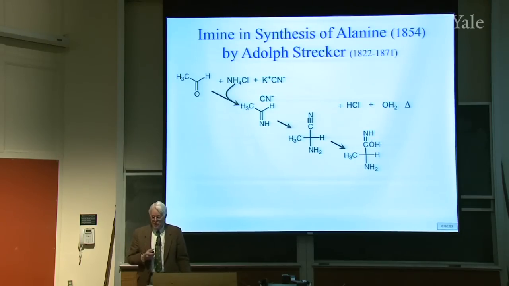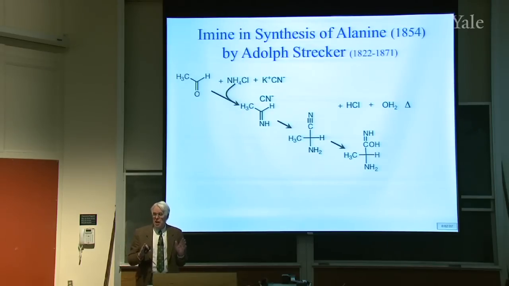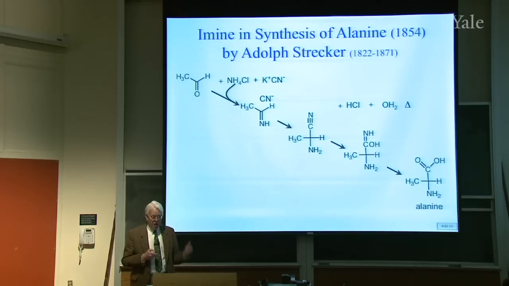But now notice you have another sort of imine-like thing, carbon-nitrogen double bond, and we already know that that can react with water, right, to liberate ammonia. The very first step was the same reaction going the opposite direction, taking the carbonyl off, putting the nitrogen on to make an imine. Now we put an oxygen on, pull the nitrogen off, right? And that's alanine. So he was able to make that in 50 to 60% yield this way.